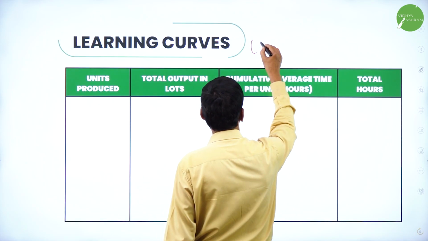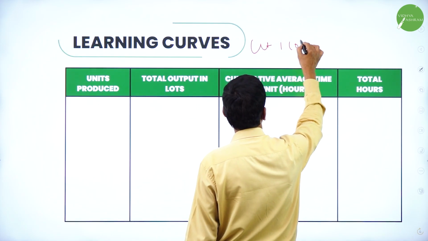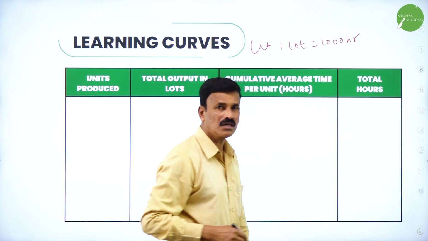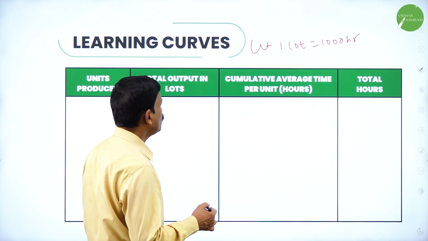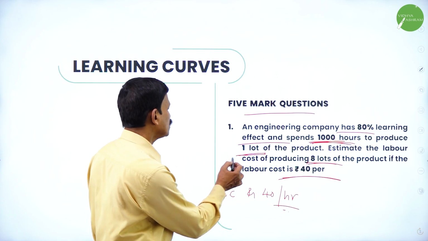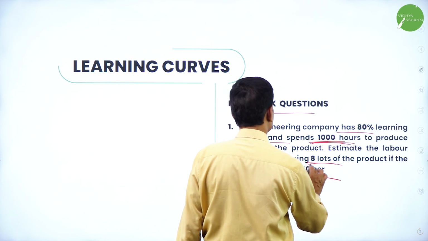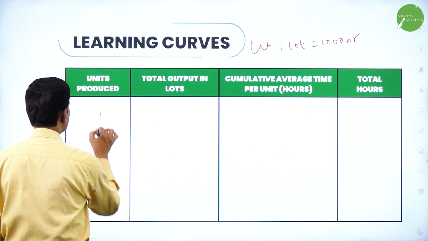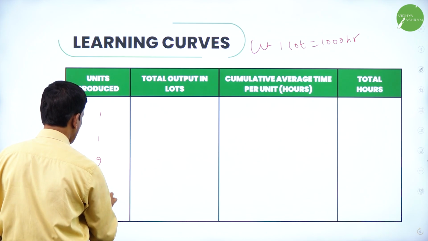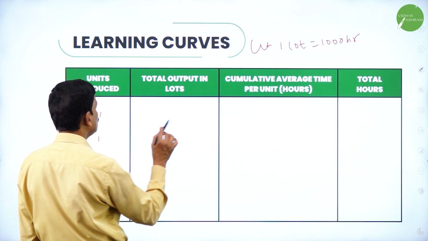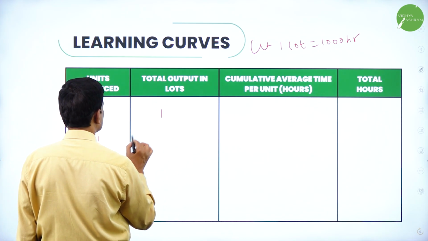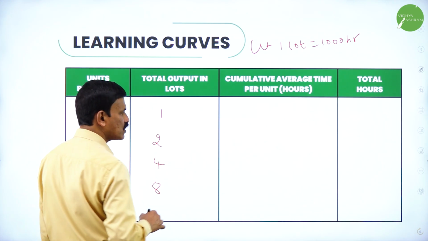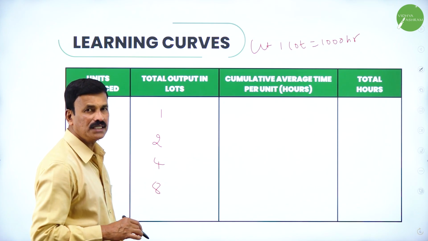We have to estimate the labor cost to produce 8 lots. So the units produced will be 1, 1, 2 and 4. Total output in lots is 1 into 1 is 1, 1 into 2 is 2, 2 into 2 is 4, 4 into 2 is 8 lots. So 1, 2, 4 and 8 lots.